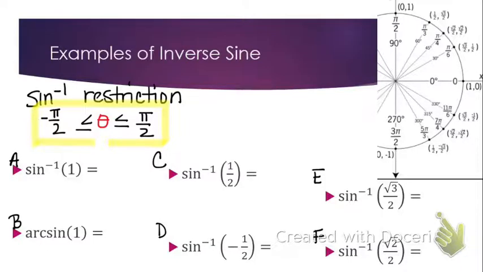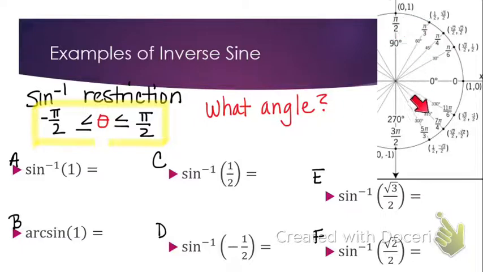So remember, because I'm looking for the inverse, I'm asking the question, what angle? That's the question that I'm answering. Inverse is asking for an angle. So what angle on the unit circle has a sine value of 1? And remember, sine is y.